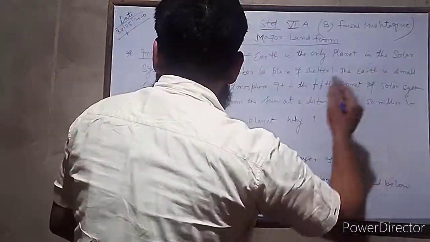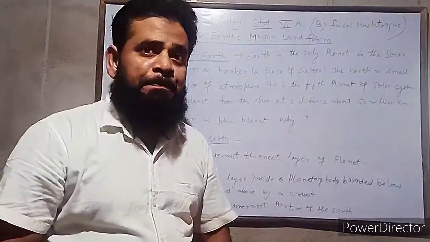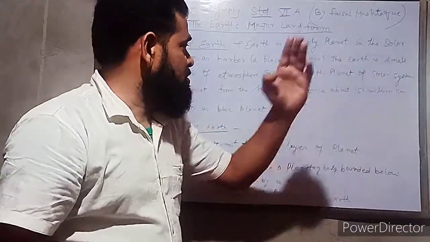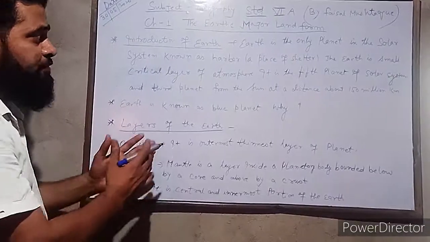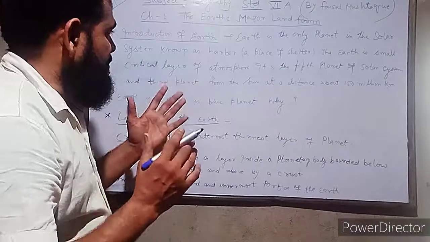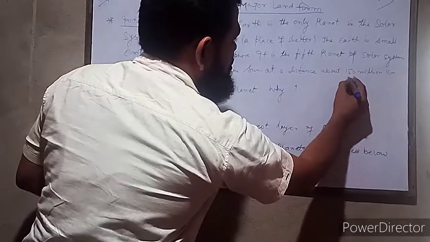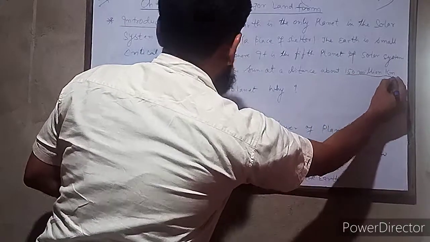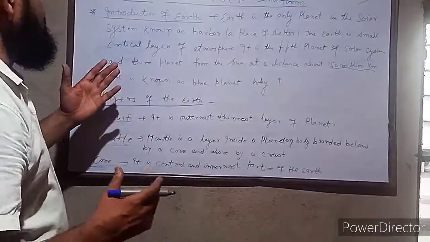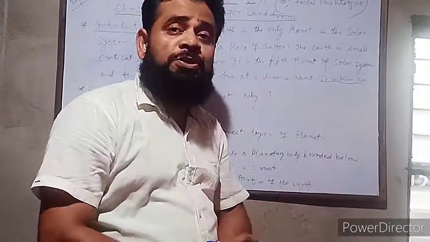The Earth is the third planet from the sun in the solar system, at a distance of about 150 million kilometers.